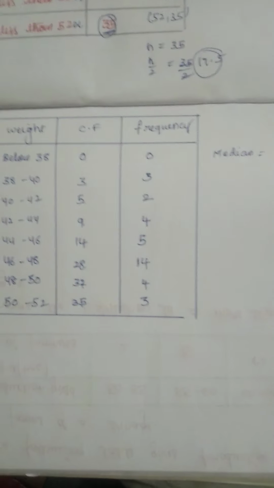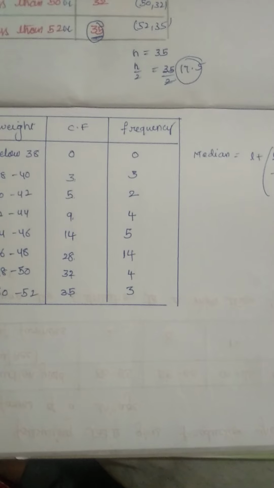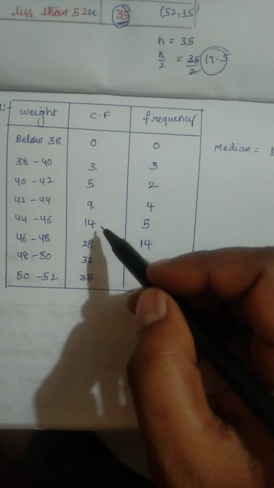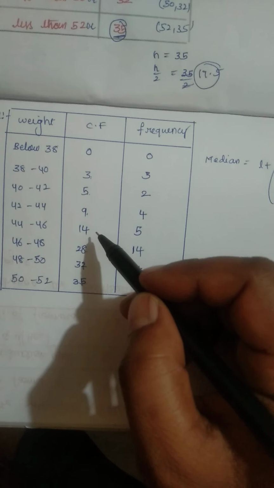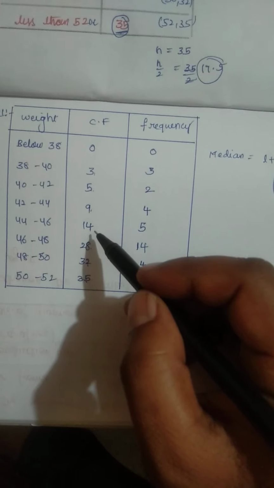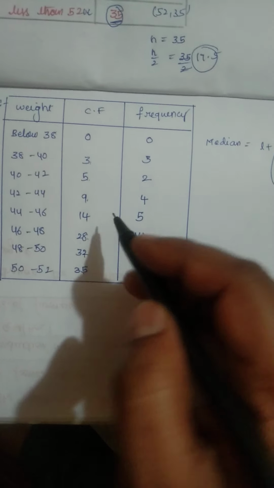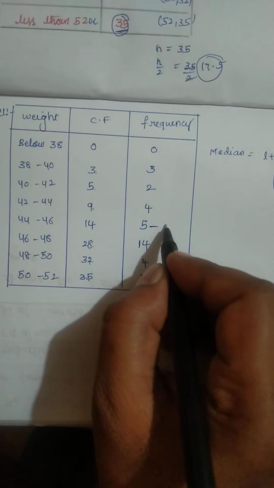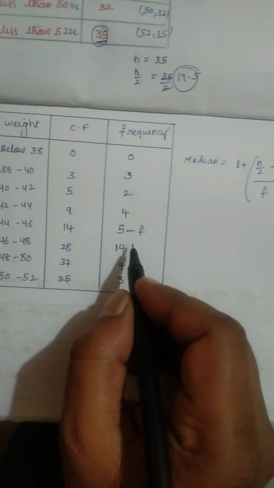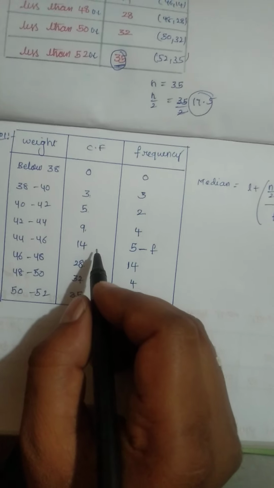Try to understand. Okay, and as we found n by 2 value 17.5, which is after 14 in cumulative frequency, right? After 14 you will get 17.5. So that is our frequency.